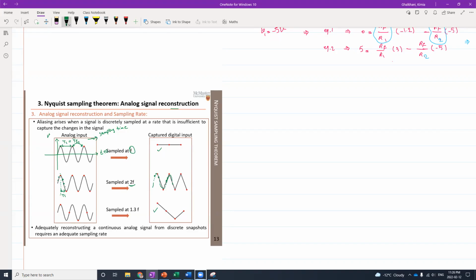So in the third case, again, I have lower frequency. So my captured signal in here doesn't show any analog input at all, right? It's just something.